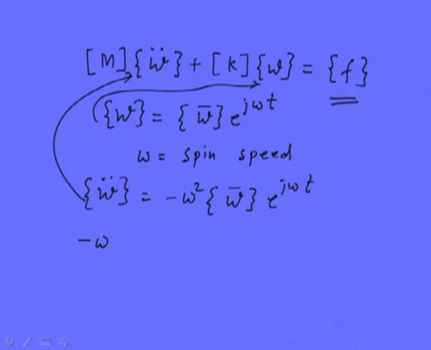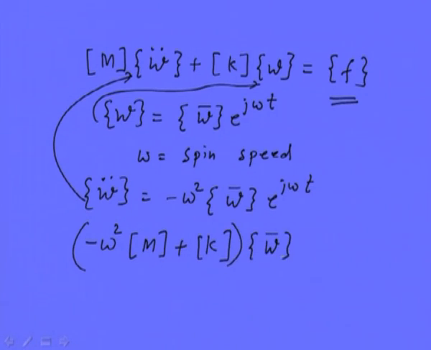We will get minus omega square M plus K matrix, times W bar, which is the amplitude and is common, equal to the force, which we again write as an amplitude times e^(j omega t), because this is coming from the unbalance, and correspondingly we choose the response of the same frequency.